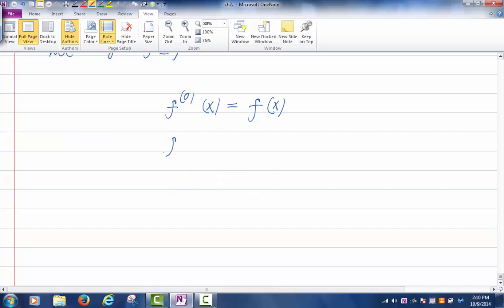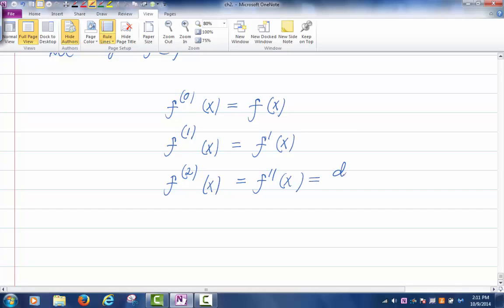Now, if I have f to the 1 in parentheses of x, it simply means the derivative of the function f. Right? And if I use 2 here, what does that mean? It's the f double prime of x. What is the meaning of f double prime of x? It is the derivative of the derivative function, right?